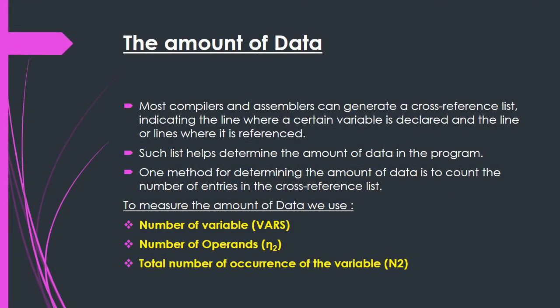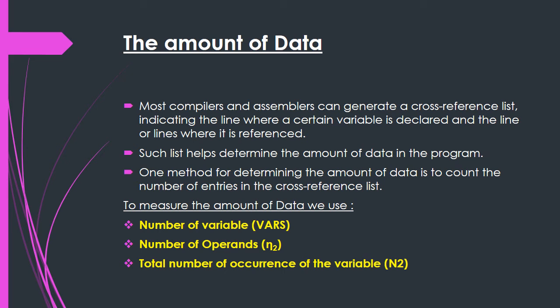So the first type is the amount of data. Most compilers and assemblers can generate a cross-reference list indicating the line where a certain variable is declared and the line or lines where it is referenced, and such a list helps in determining the amount of data in the program. One method for determining the amount of data is to count the number of entries in the cross-reference list.